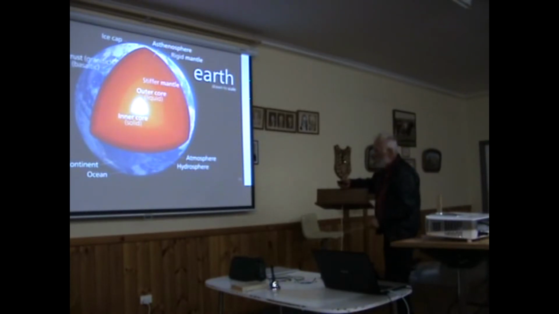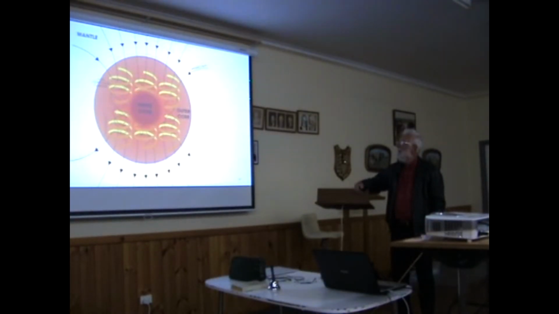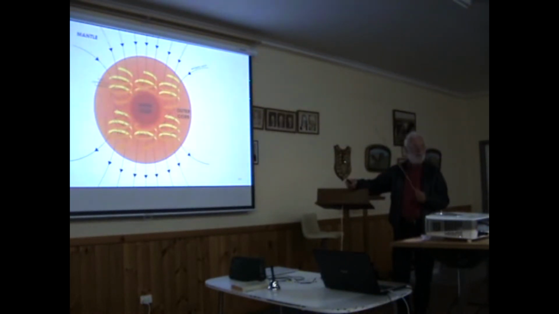Anyway, the possibility is that in that liquid core, iron's a conductor, even in liquid form, a conductor of electricity. So charges could, in principle, move. Then, of course, it's complicated by the fact that the Earth itself is spinning. If there are circulating currents in the molten core, they'll be interacting with the spin of the Earth itself and making complicated vortex patterns.